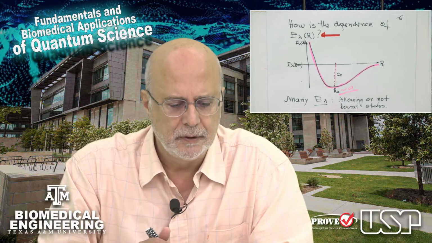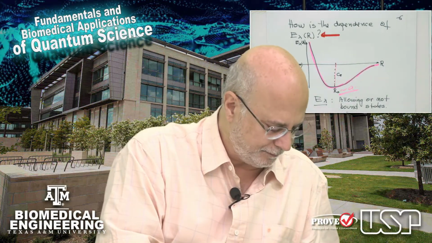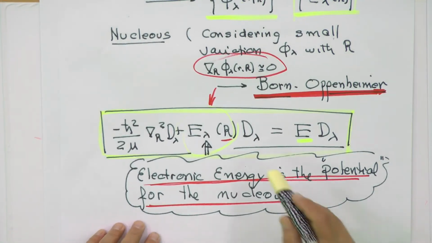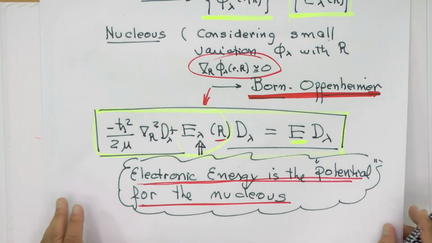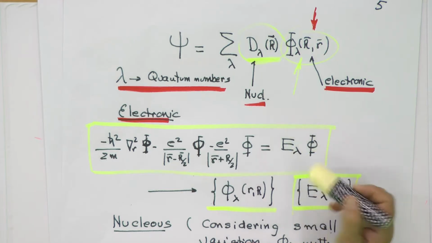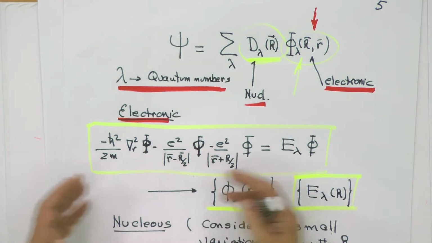Okay, so we learned a lot today, but when we solve this equation for E lambda, which is the electronic energy, we get a collection of energies, because this is the wave.